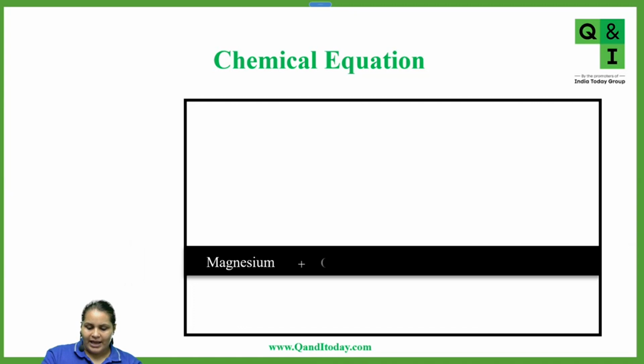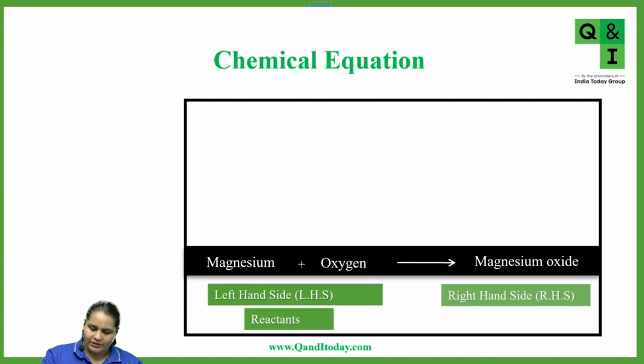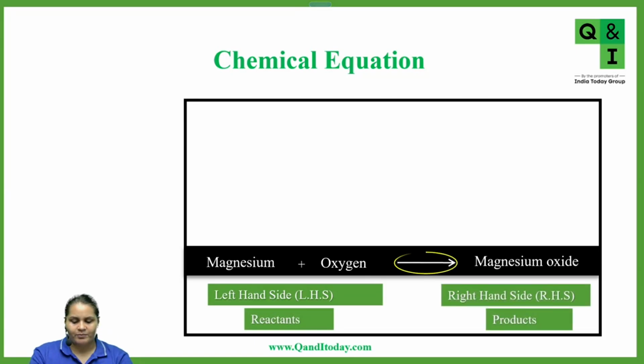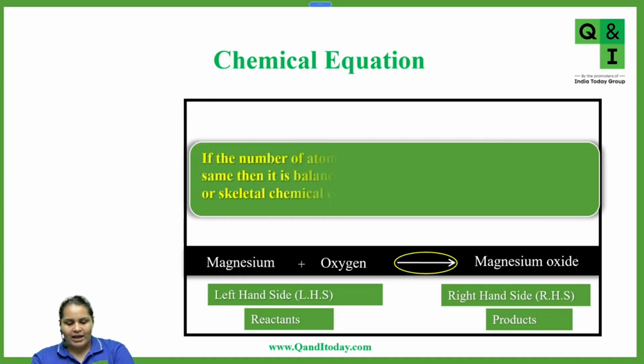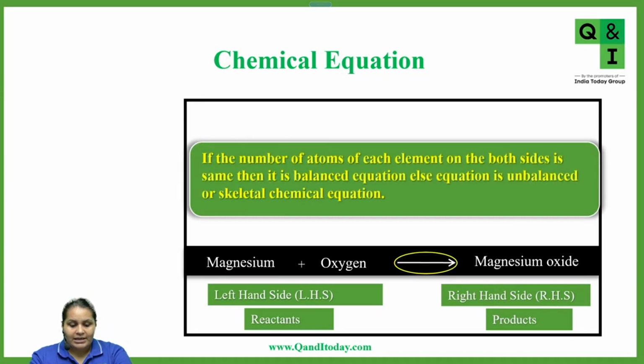Now, as we saw the example, magnesium reacts with oxygen to yield magnesium oxide, and we said, okay, left hand side we have reactants, right hand side we have products, and we have an arrow to separate them, right?